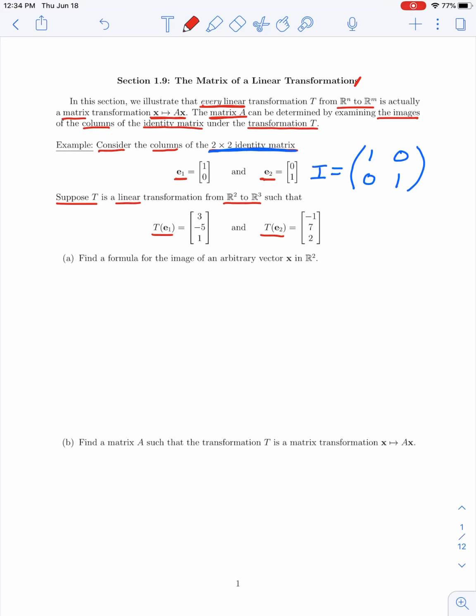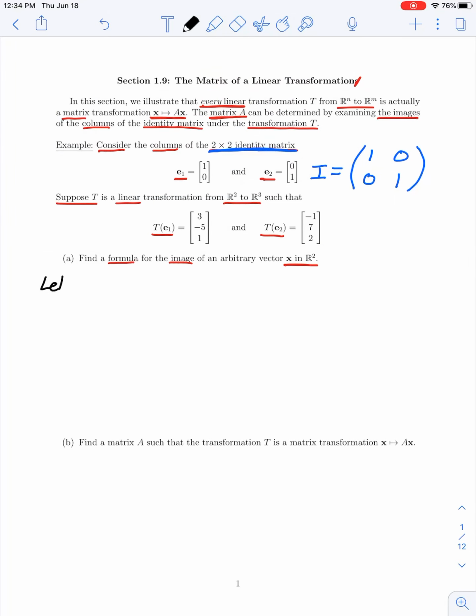So in part A of this example, we are asked to find a formula for the image of an arbitrary vector x in R2. So if we know what the image of these two vectors e1 and e2 are, we should be able to find the image of any vector in the plane. So let's see how that's going to work.